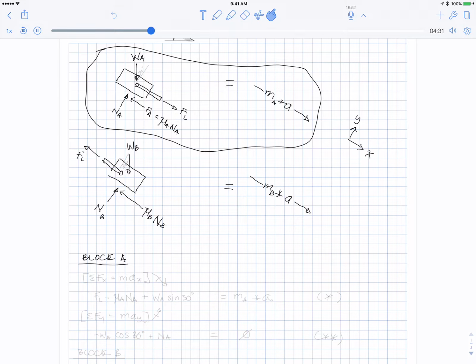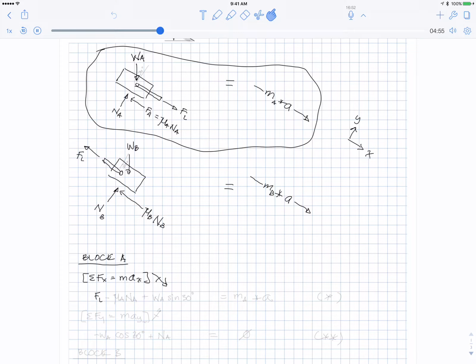So I've got, I'm going to take that way positive. So sum Fx equals max, that way as positive. Okay. Let's do that.